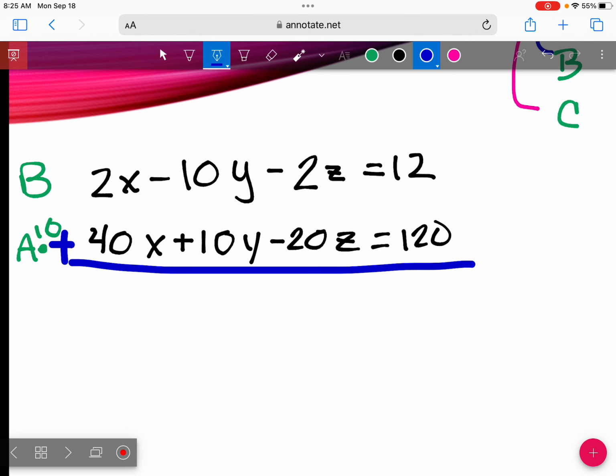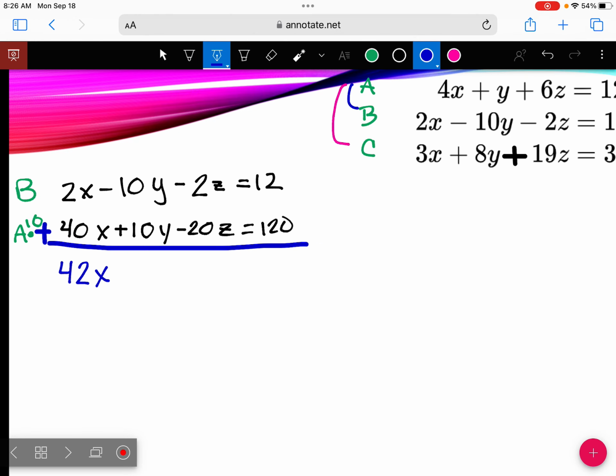When we add these together in our columns, we get 2x plus 40x, giving us 42x, minus 10y plus 10y gives me the 0y. Yes, sir. I took the whole, that would be because I smushed together my equations.